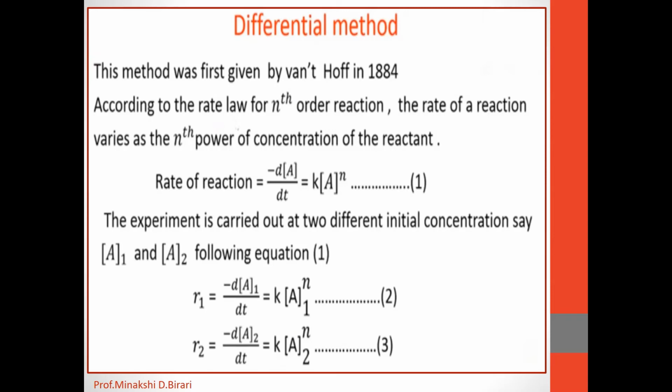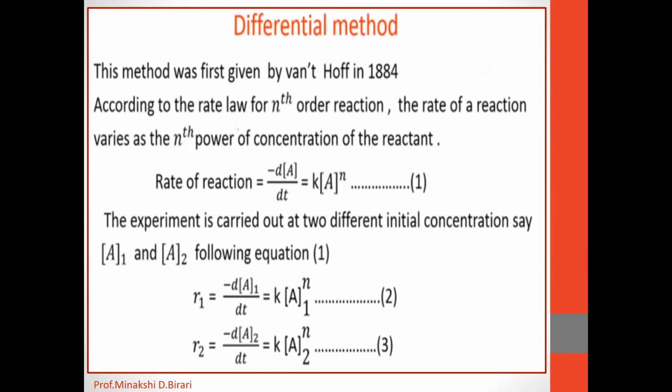So the experiment is carried out at two different initial concentrations. We can say one initial concentration is A1 and the other one is A2, which follows the equation R1 is equal to minus dA1 divided by dt is equal to K into concentration of A1 raised to n.